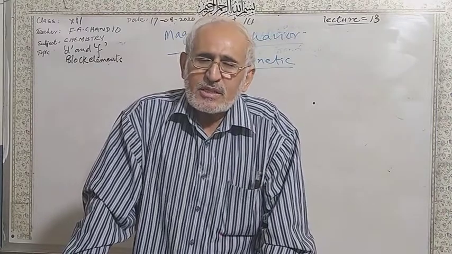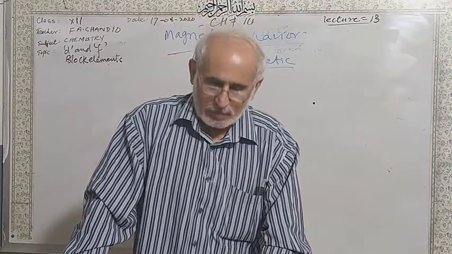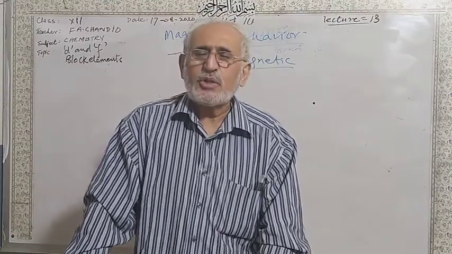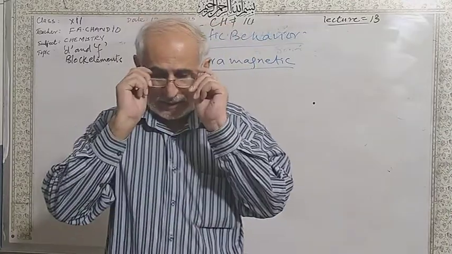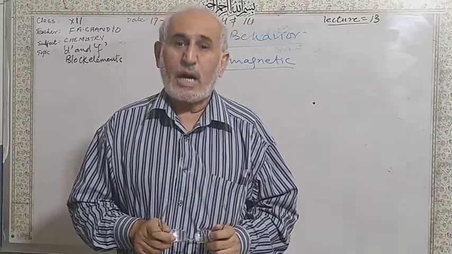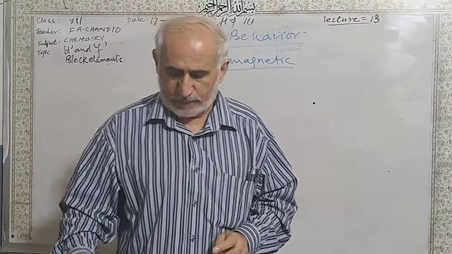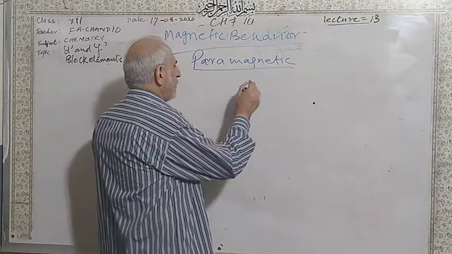How does this process, paramagnetism, happen? It is due to unpaired electrons with the same spin.